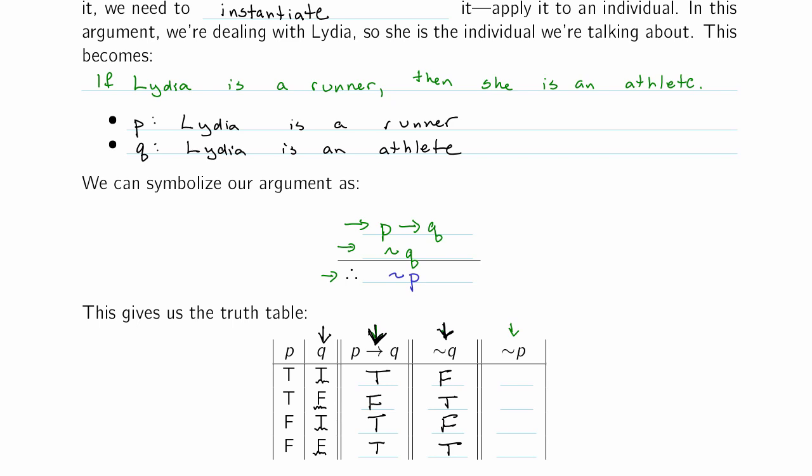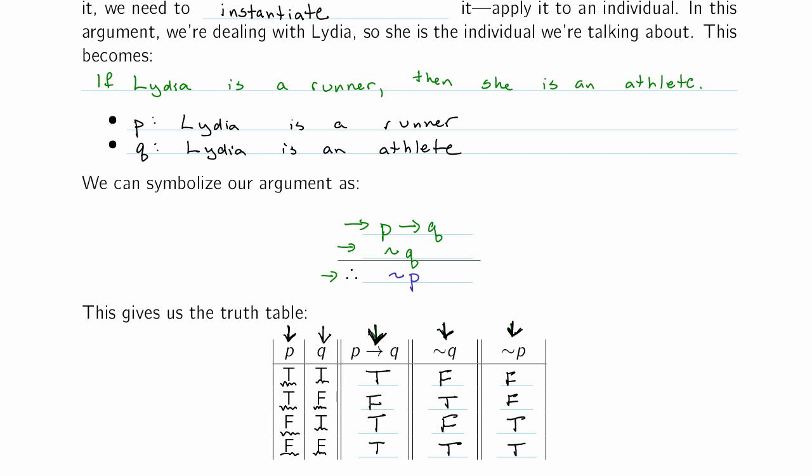Okay, and then last column. Not P is just going to be the opposite of whatever P is. So the opposite of true is false. Opposite of true is false. Opposite of false is true. Opposite of false is true. Okay, there's our truth table.